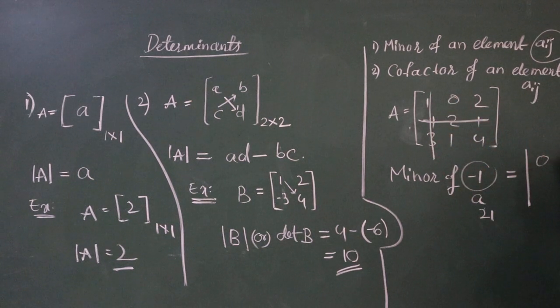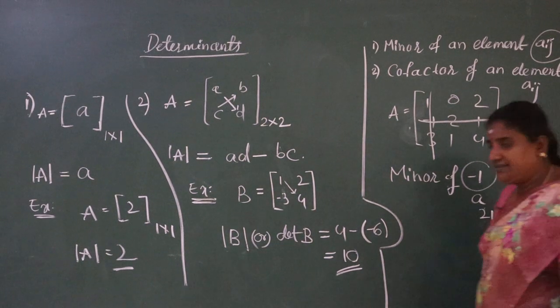Then write the remaining elements as a 2 by 2 determinant. What is the determinant value? 0 into 4 is 0, minus 1 into 2 is 2, so 0 minus 2. That's why the minor of the element A21 is minus 2.